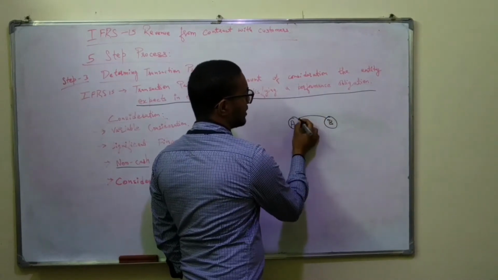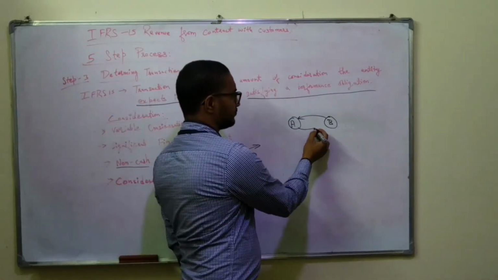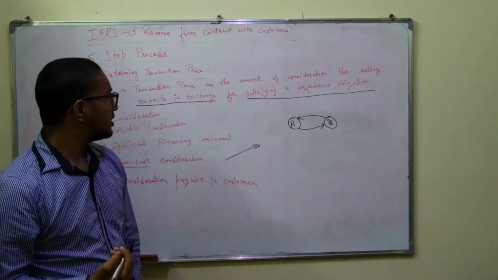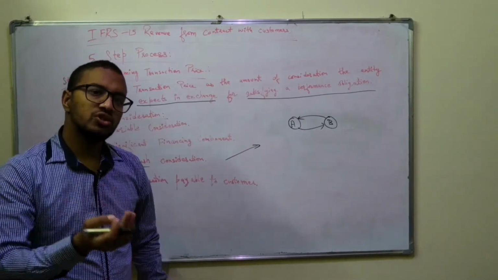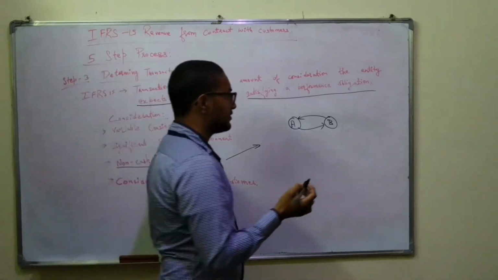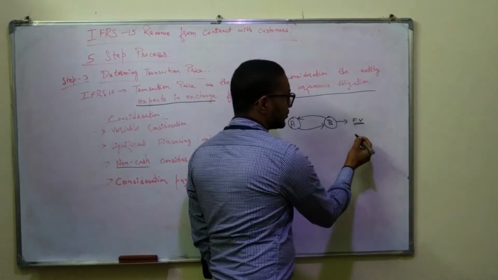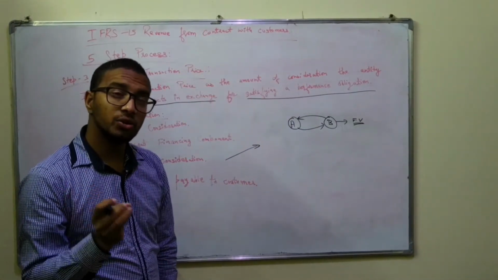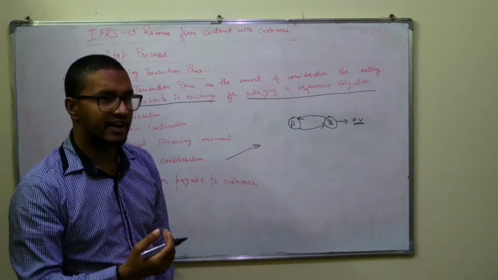You are A supplying goods to B, and B purchases goods from you. You expect some form of payment, right? So B gives you shares, but you don't know the fair value of the shares of B. It's an unquoted company. So you look for level 1 or level 2 or level 3 information as per IFRS 13 fair value measurement.